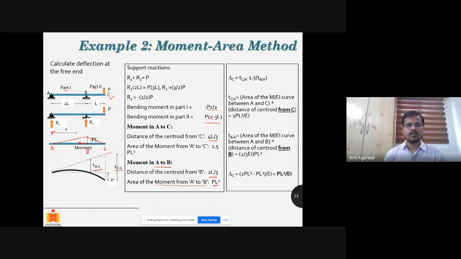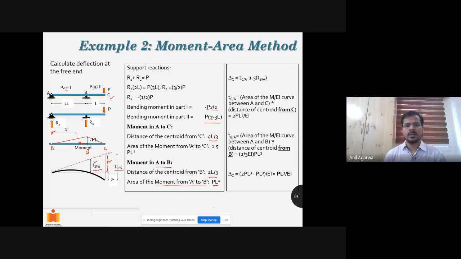Okay, so I can find out TBA, I can find out TCA, and if I see closely, TBA can be scaled up to get this value. Okay, so this is similar triangles, right? So TBA is part of this triangle, and there is the same triangle. If you extend, then you get this particular value. Okay, I'm not giving it any name, but basically if I know TBA, I know this value.